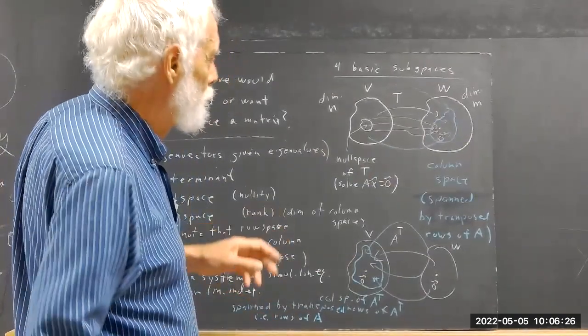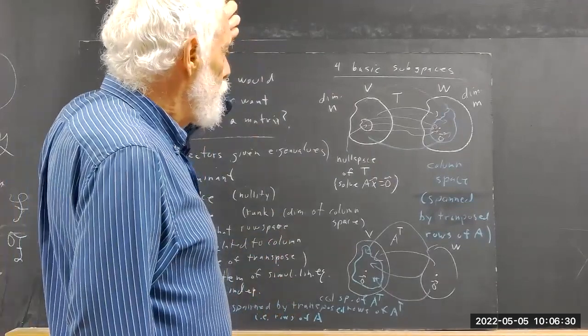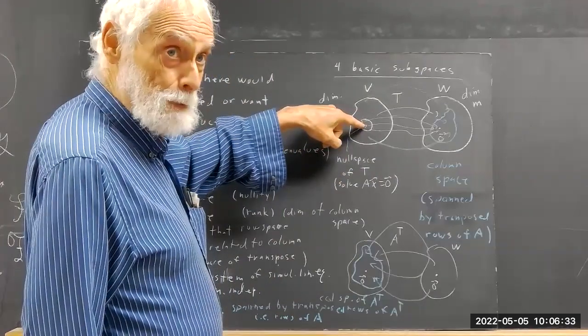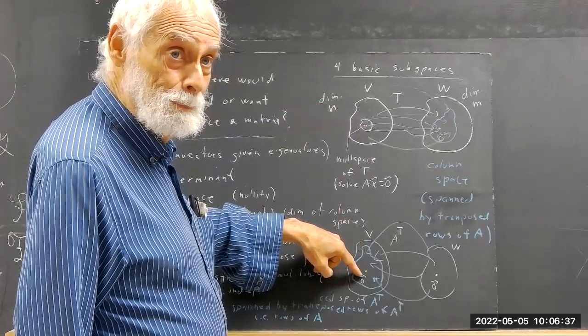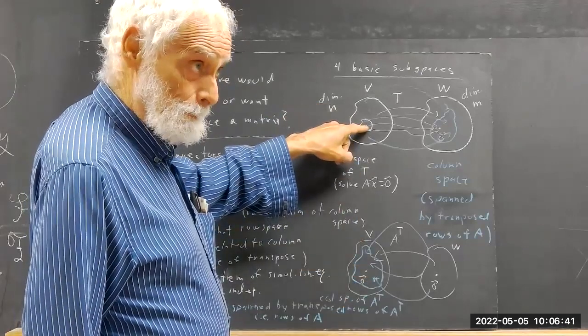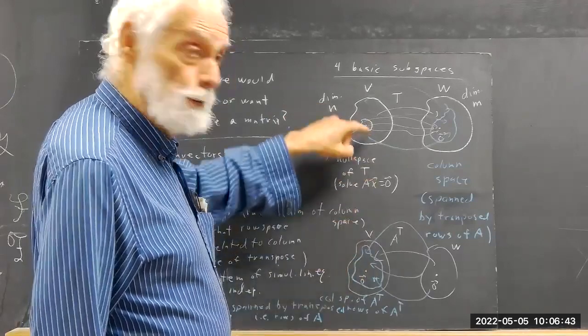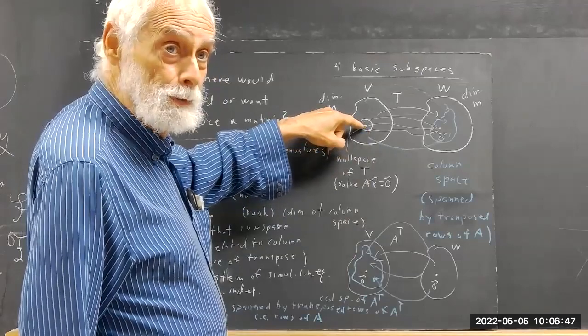So if you think about it now again, you have the null space here, and you have the column space of the transpose. They intersect at the 0 vector. That's the only place they intersect. Nothing in the column space is in the null space.